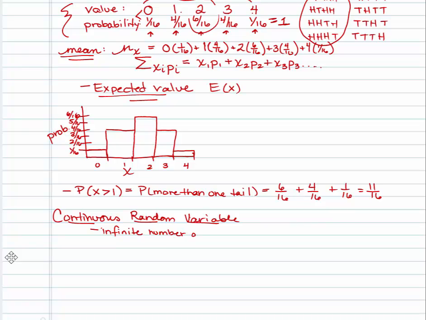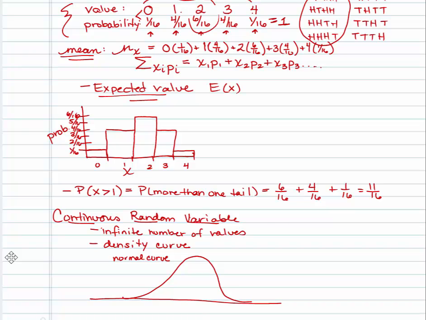And all we use for this is our density curve. So we want to imagine this normal curve. And remember, the probability under a normal density curve is always 1 for the whole thing.